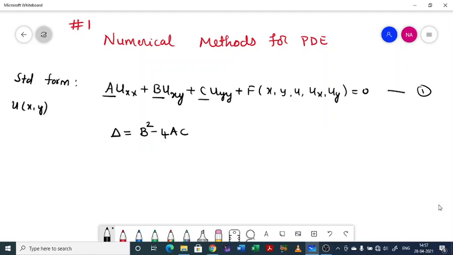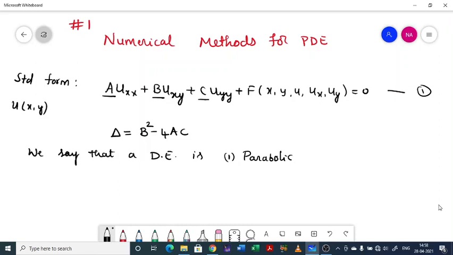Now we say that a differential equation, I'll just say DE or differential equation or PDE, since we cannot say second order linear PDE every time. We call this differential equation, equation 1.